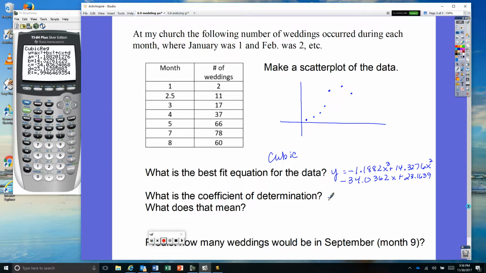Coefficient of determination, r squared equals 0.9946. What does that mean? Very strong.